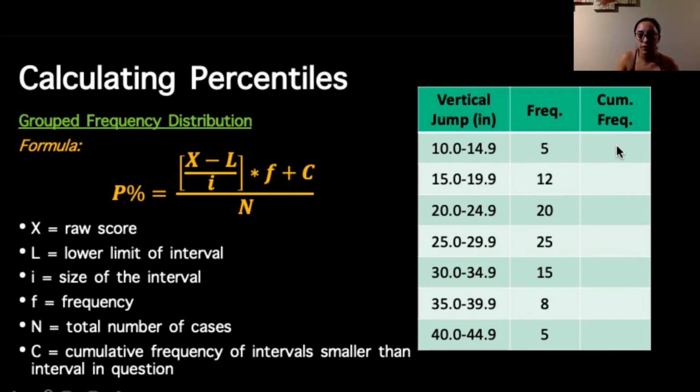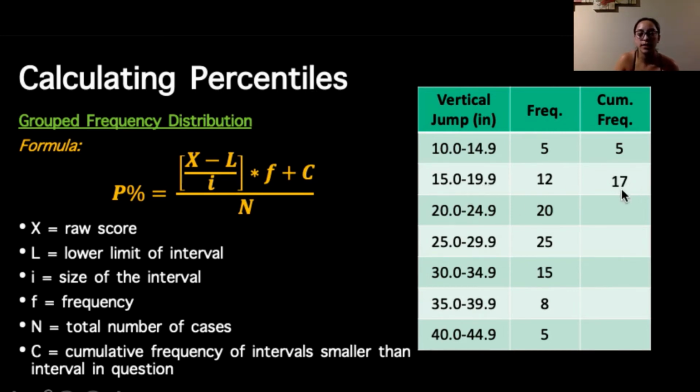Remember that the first cumulative frequency you measure is going to be equal to the frequency of that first group. So our cumulative frequency for people who can jump at or worse than between 10 and 14.9 inches is 5. We then take 5, add our frequency of our next group, and we get the cumulative frequency for people who can jump at or worse than 19.9 inches.